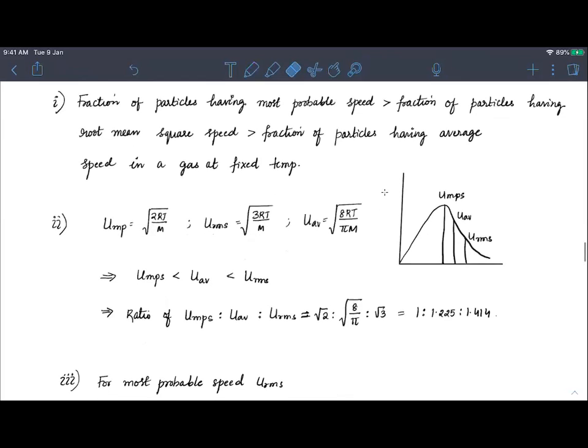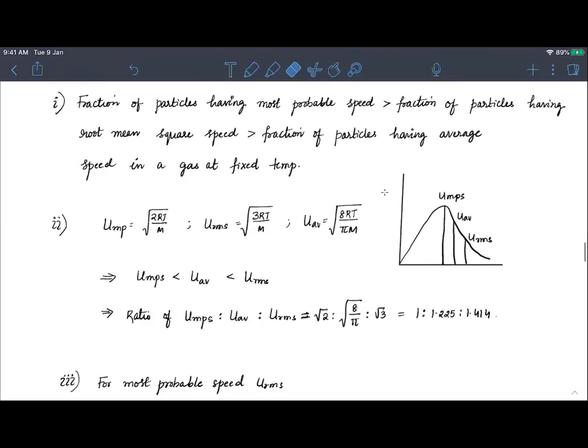Right. Now coming to the application of the speeds. U RMS, U most probable and average. Where do we use this? First of all, if you see value wise, we know that U RMS is the highest, which is √(3RT/M). Then comes U average. Then comes U MP.